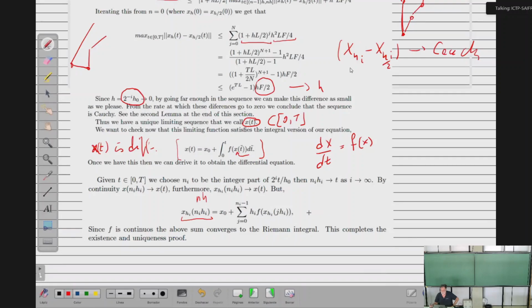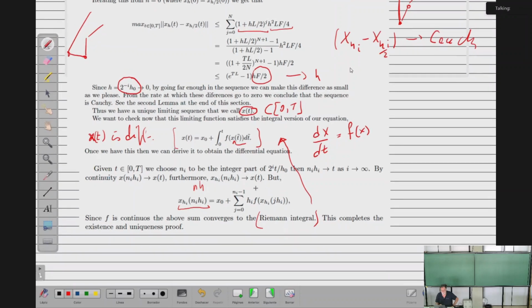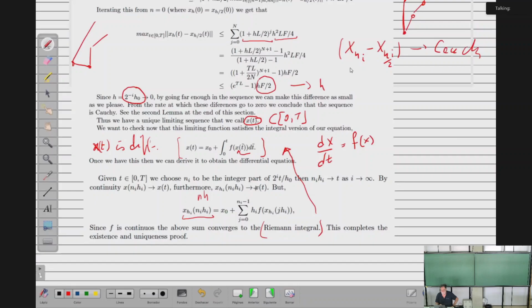And when you go to the limit where h goes to 0, this converges to the Riemann integral, right? So this way you get this formula, that is its value. So that's what I was saying, that this function is continuous, so I can take the limit. So this way you get an x of t which is a proper solution.